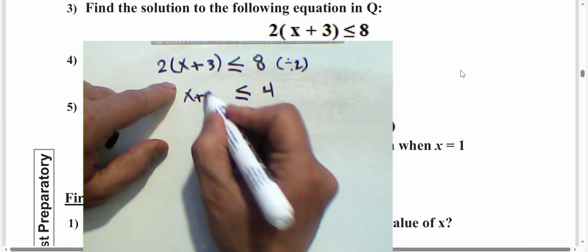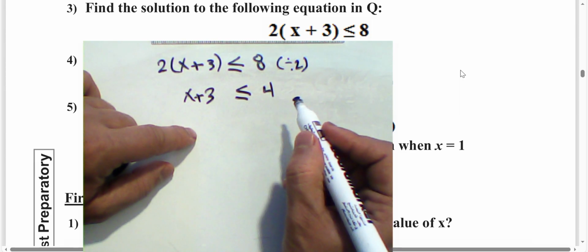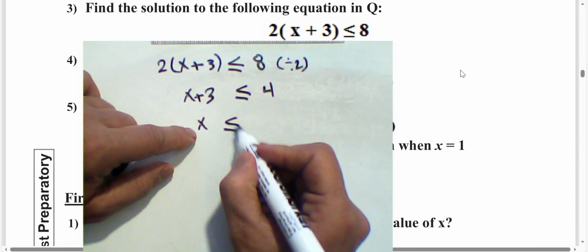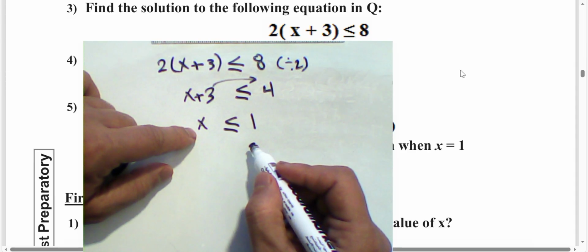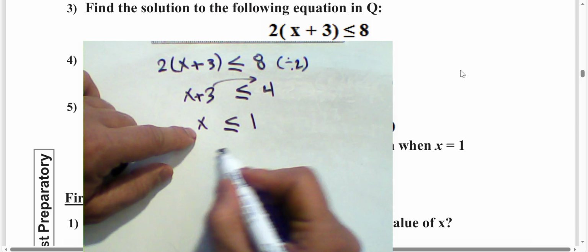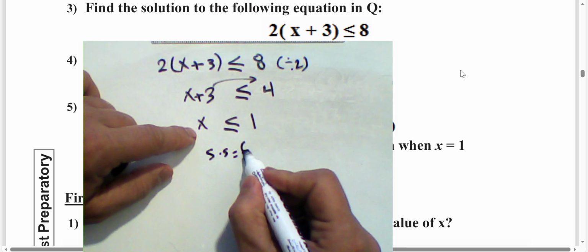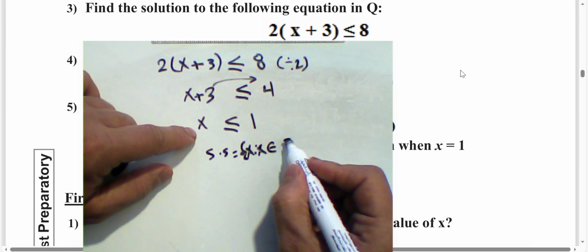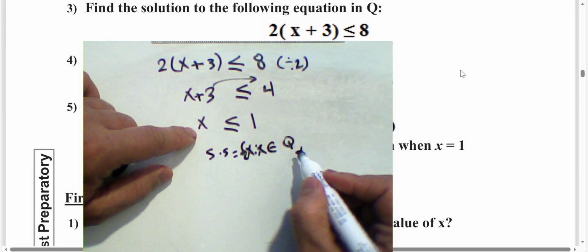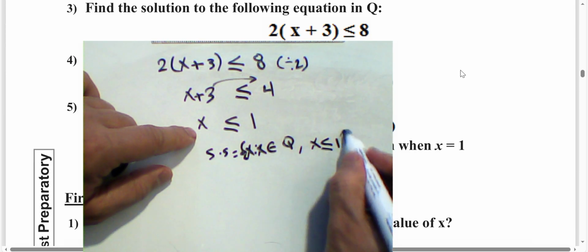Then we have x plus 3 less than or equal to 4. Then x less than or equal to 4 minus 3 equals 1. In solution set in real numbers, we can write x such that x belongs to the rational numbers and x is less than or equal to 1.